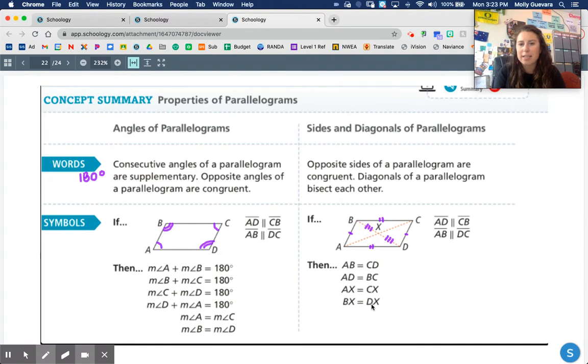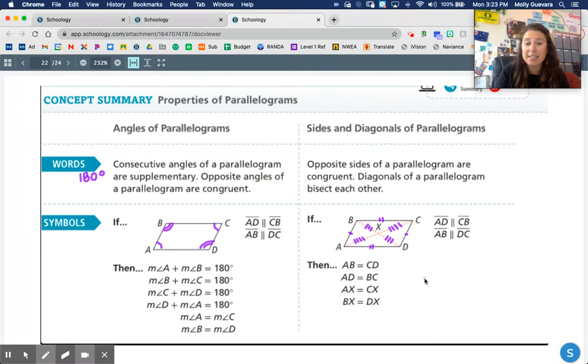B to X and D to X are the same. It cuts it in half. Also, that means that A to X and C to X are also the same. And that's right here. So X is the midpoint of BD, and X is the midpoint of AC. So it cuts those lines in half.